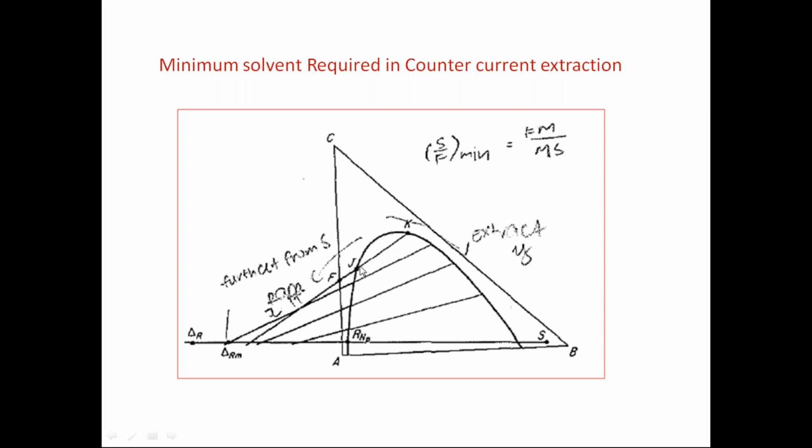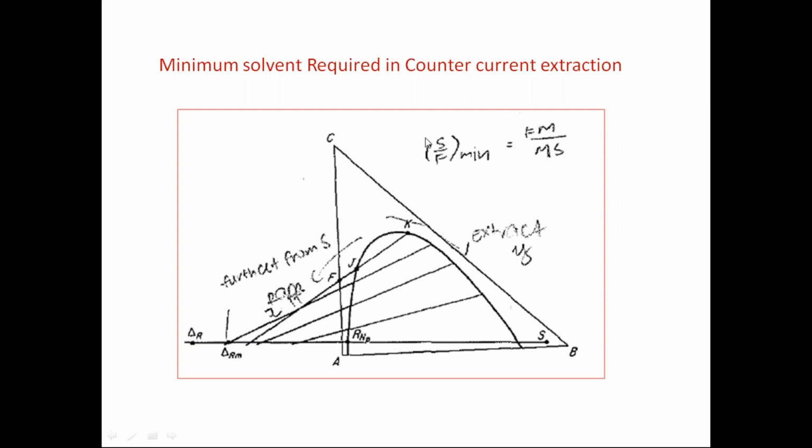So you see these are the different tie lines. You have to select the JK line, FJK, which is the one line going through F. But if you take a tie line very near to this JK tie line, then this is the delta R minimum.